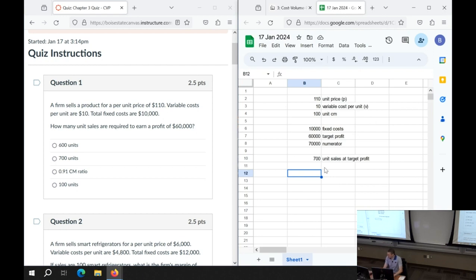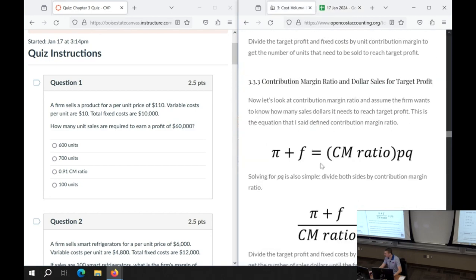So alternatively, we could say we know that we're going to earn so the CM ratio here is our contribution margin over the unit price. And if I define that nice and clear up here somewhere.